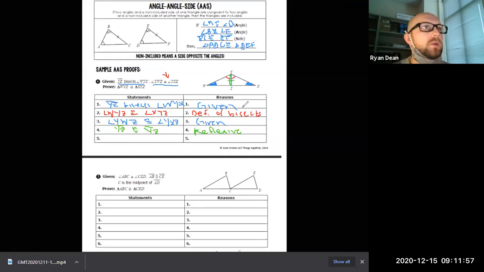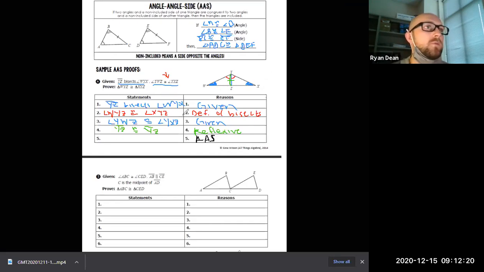So I'm going to give this one hash mark. Okay. Now we have angle, angle, side, angle, angle, side. So these two triangles are going to be congruent because of AAS.